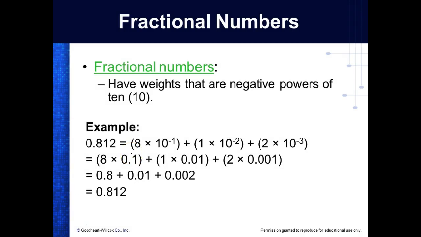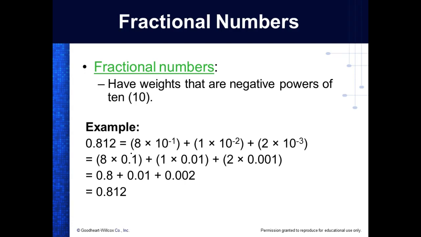So fractional numbers. So this is 0.812. This is the way it would be written in positional notation. Since this is the first one on the other side, this is 10 to the minus 1, 10 to the minus 2, 10 to the minus 3. If we kept going, it would be what? 10 to the minus 4, minus 5, everybody okay?